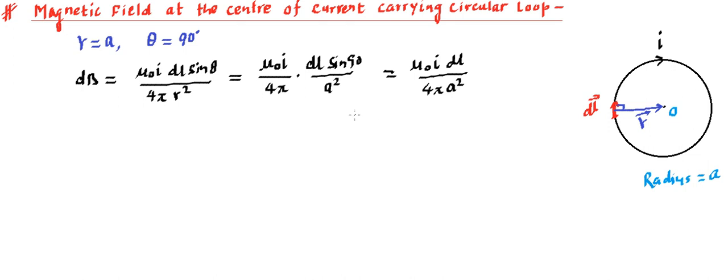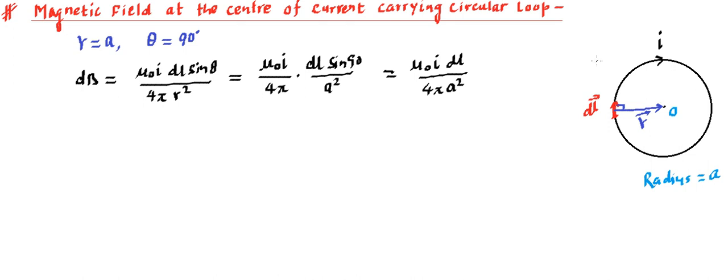Now, as we have discussed, we will be finding the total magnitude by using the vectors as well, or directions as well. So let's ascertain the direction. Now this is dl, this is r, and they are lying in the plane of this whiteboard. So the magnetic field at point O must be perpendicular to this whiteboard or screen that you are watching, and perpendicular to this screen is going to be either outwards or inwards.